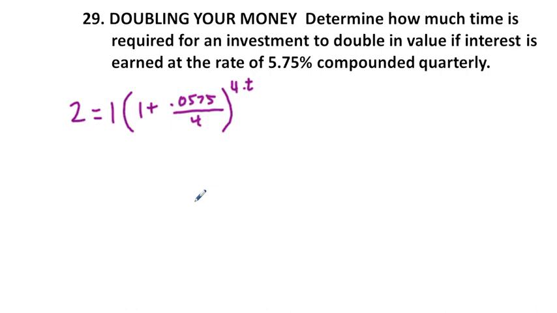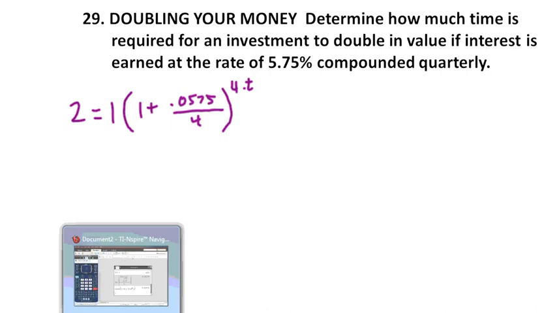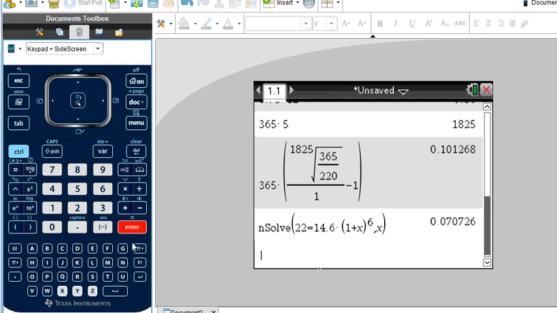So we could go ahead and divide by 1. We would work it all out, but I'm going to go to numerical solve again on this one. Just algebra, numerical solve.